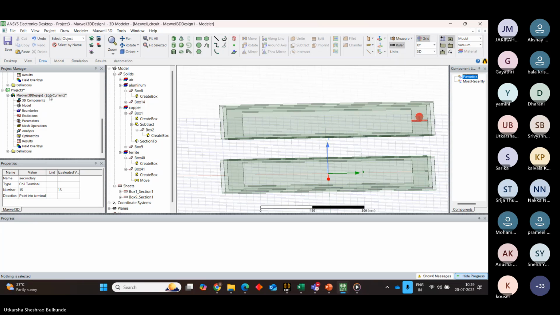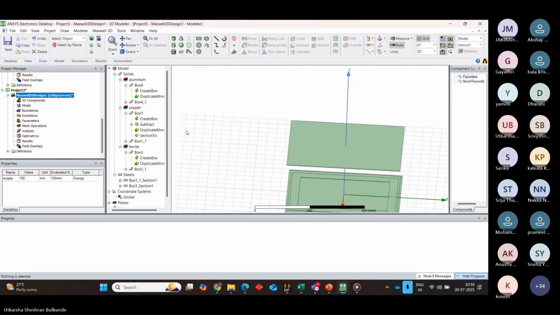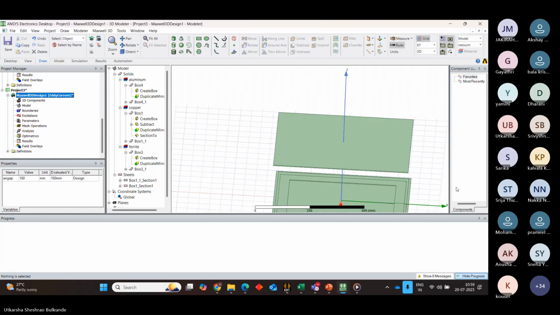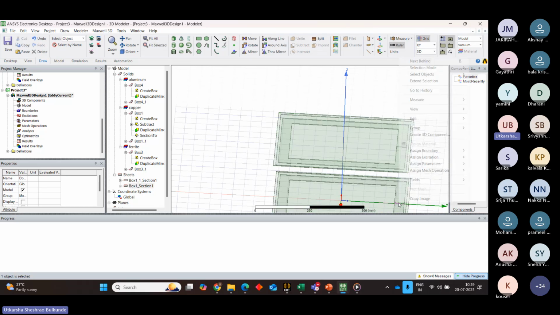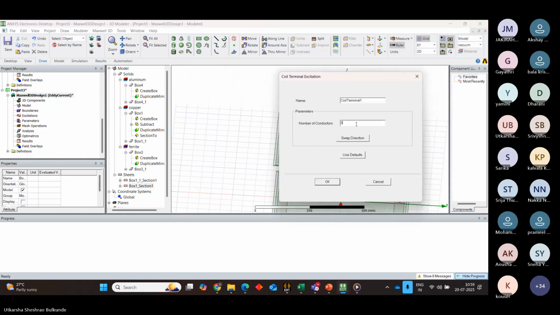Sorry, that's why. I thought this circuit was selected. Actually, the above one was selected. That's why I was not getting the coil terminal here. We will do it again. It's fine. Primary. Okay.